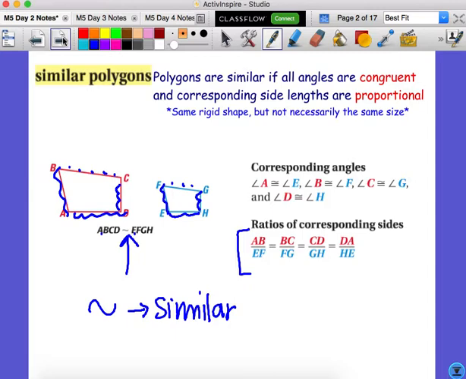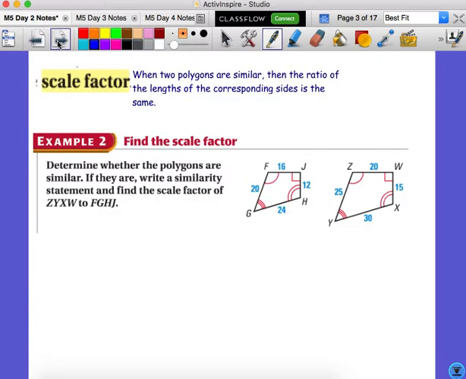So we're matching up those corresponding sides. And that is what we refer to as an extended proportion, where we have multiple ratios that are equal. Scale factor is the ratio of the lengths of the corresponding sides. So if two figures are similar, there should be a consistent scale factor.